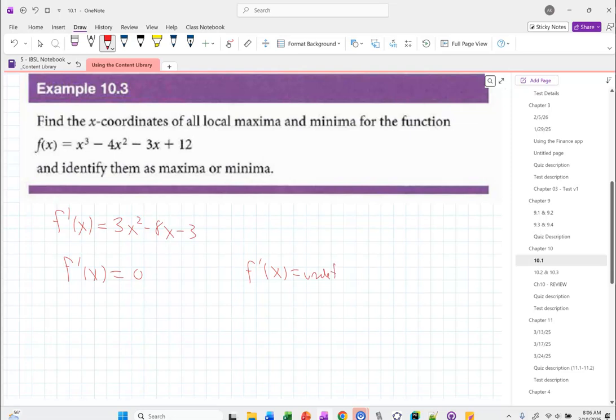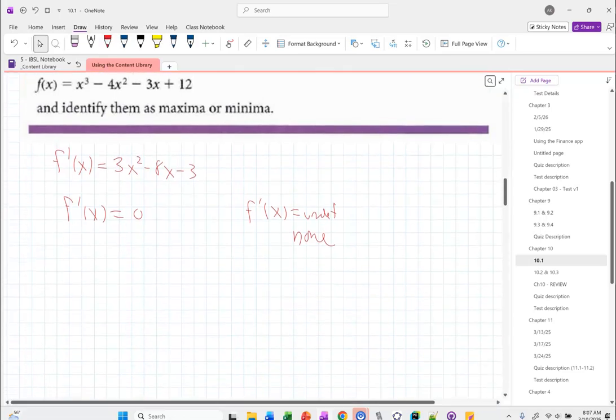Let's start with the undefined. What are the values for x that makes the derivative undefined? None. Good. Why? Because the first derivative is a polynomial. Will that be what happens every single time? No, but in this class, probably.